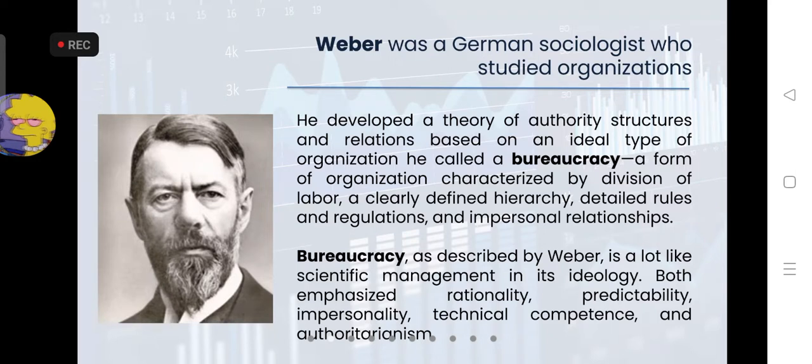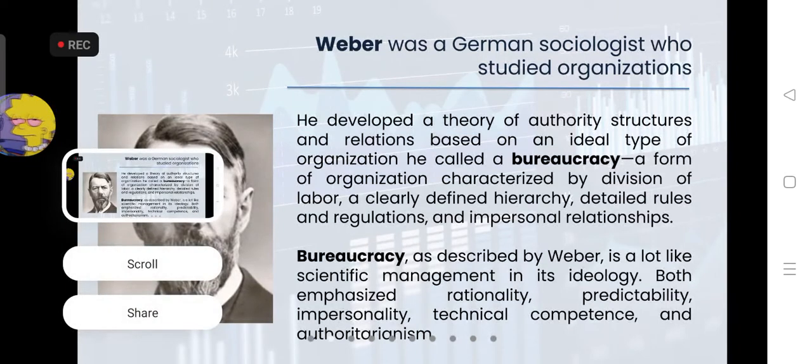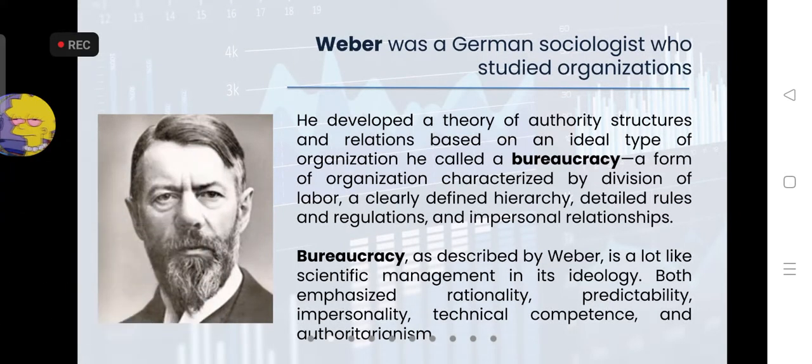So bureaucracy, as described by Weber, is a lot like scientific management in its ideology. Both emphasize rationality, predictability, impersonality, technical competence, and authoritarianism. So next slide, please.